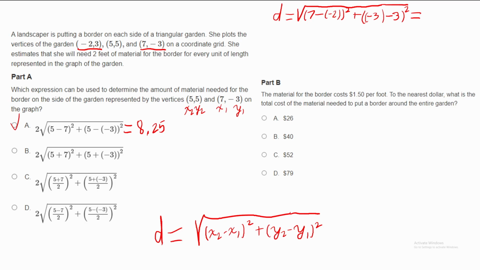We get square root 7 minus -2 squared plus -3 minus 3 squared. Enter. And that gives me about 10.85. 10.85.